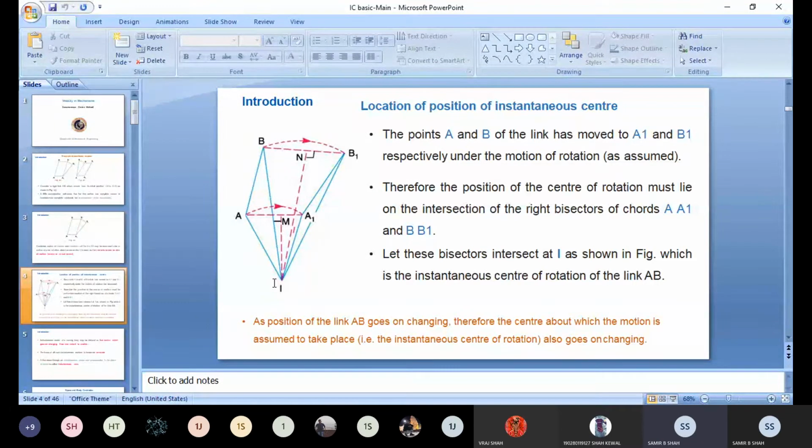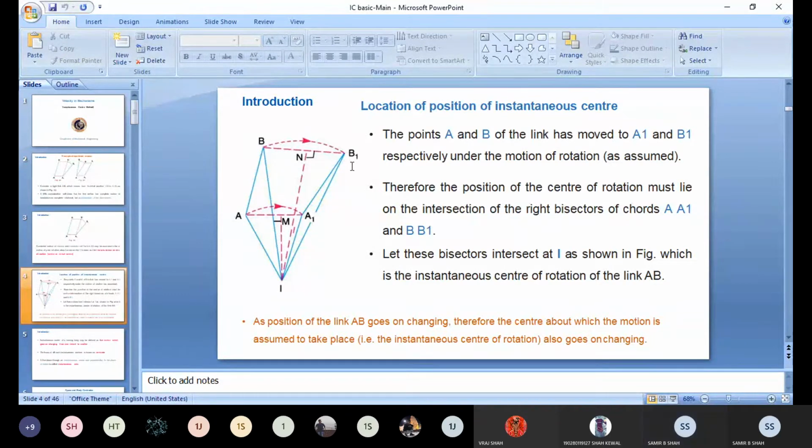or we can consider it the virtual center of the link AB. We see that the position of the link AB goes on changing to A1, B1.